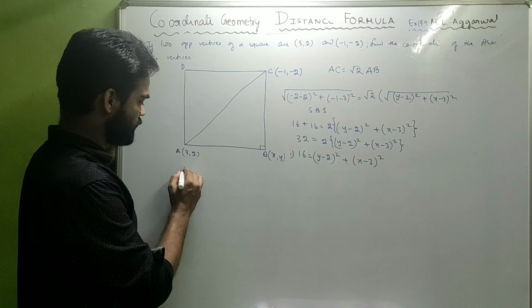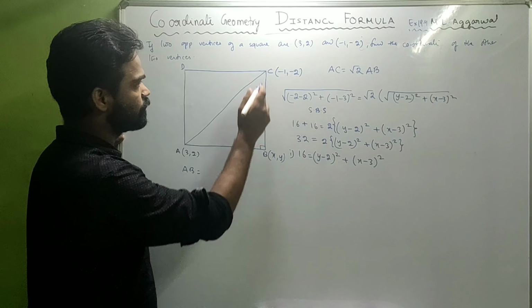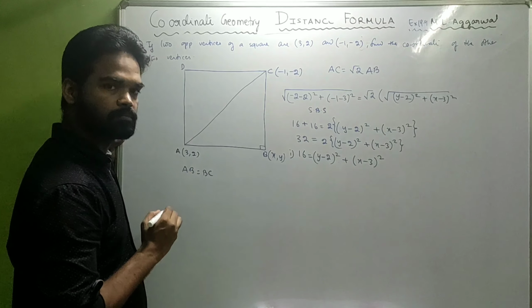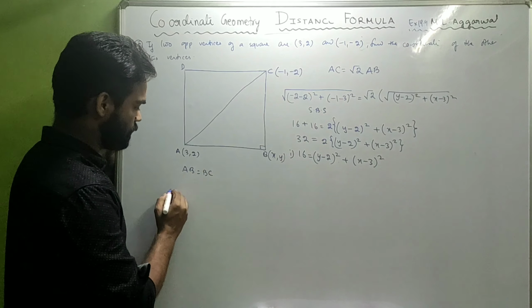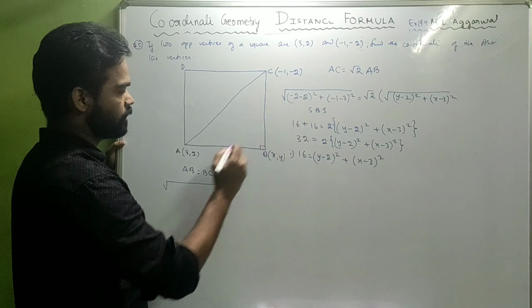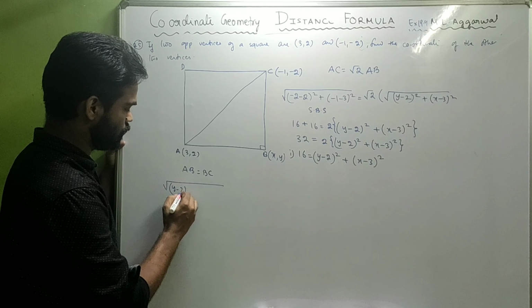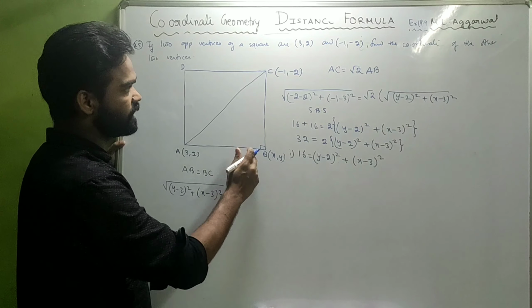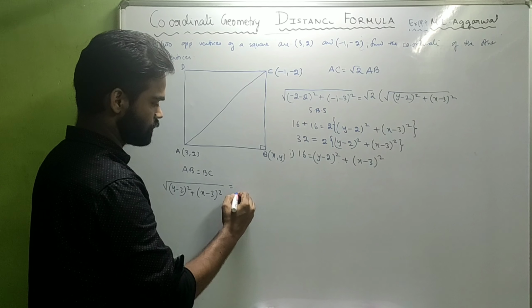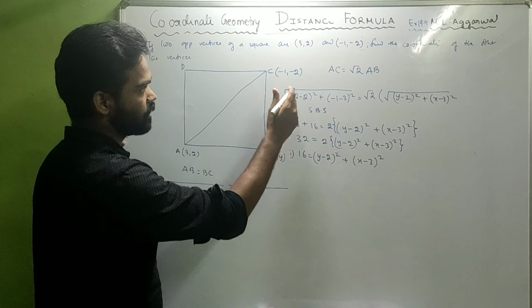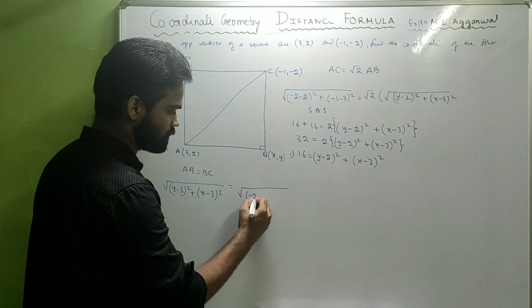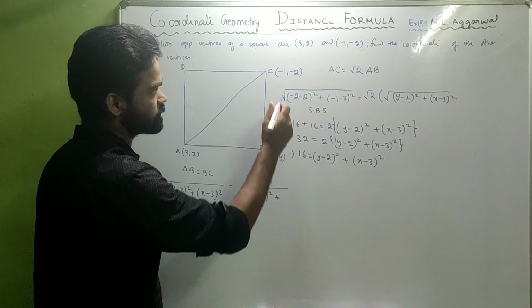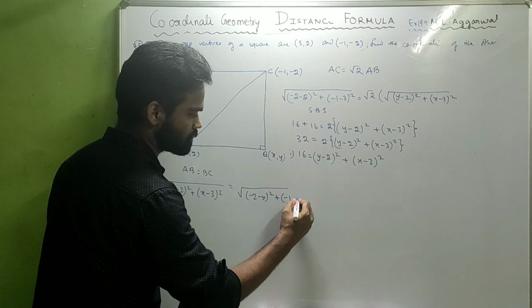Now we also know that AB is equal to BC. So AB, we just got AB, that's root of (y minus 2) whole square plus (x minus 3) whole square, and BC, again, will be root of (y2 minus y1), that's (-2 minus 5) whole square, plus (x2 minus x1) whole square.